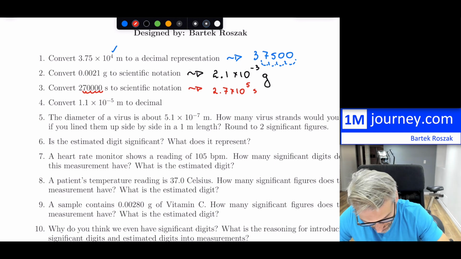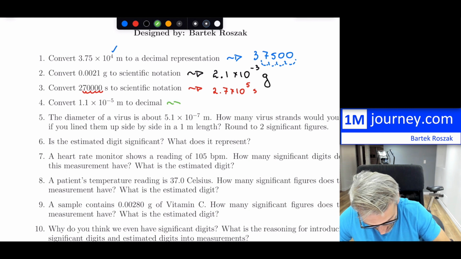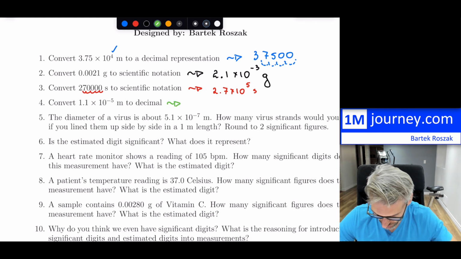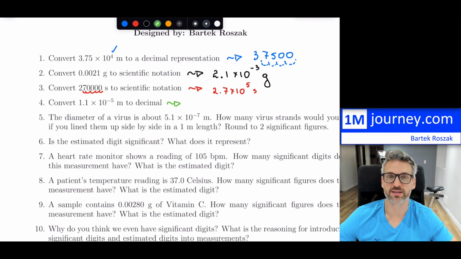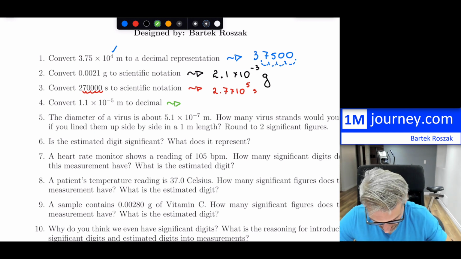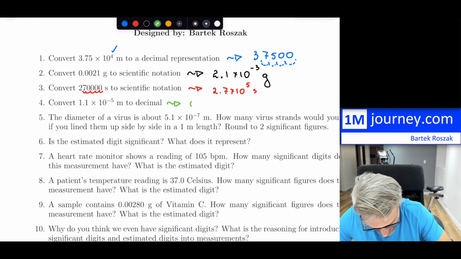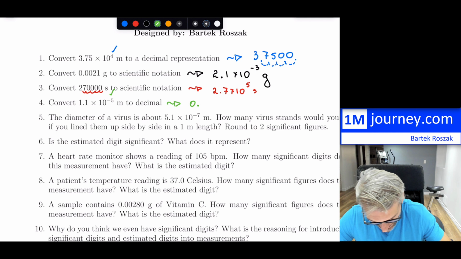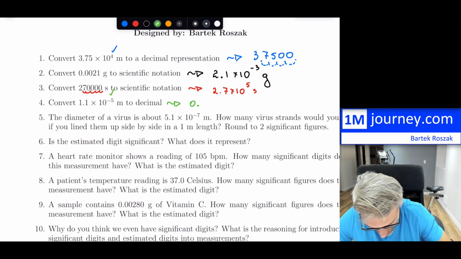Question number 4. We have 1.1 times 10 to the -5 meters, and we want to convert this to decimal. This is just shifting things over. So this is going to be 0 point, and now notice because of the -5, that's going to have 1, 2, 3, 4, and then I need my 1, 1.